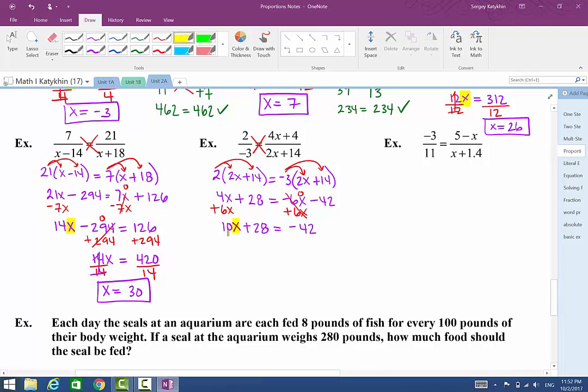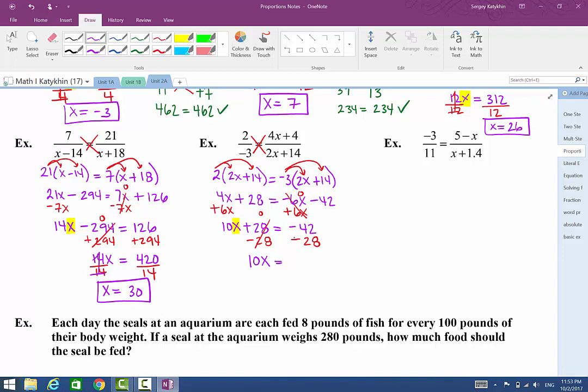This is a two-step equation. First thing we have to do is subtract 28 from both sides. Now positive 28 minus 28 will be 0. And on the left side we get 10x is equal to, because those signs are the same, you're actually going to be adding those two numbers.